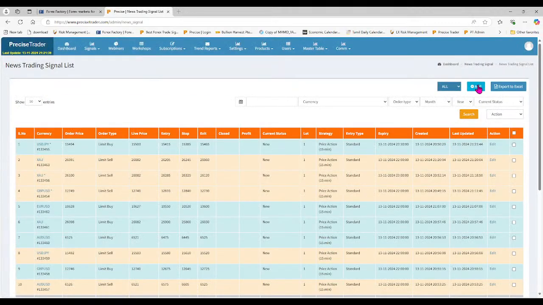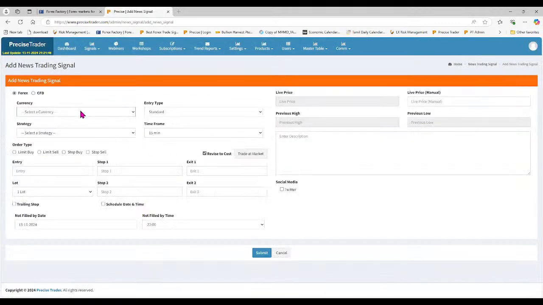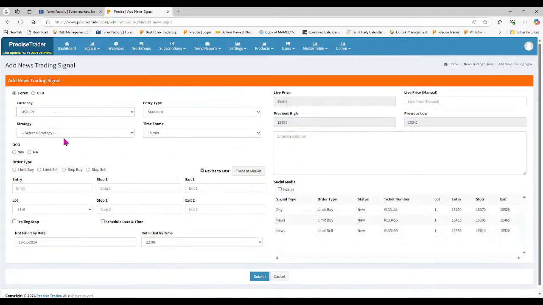Then we will put one more closer entry, which is 15465. The low is 50. Stop at 35. Then TP, this one we put as 15575.